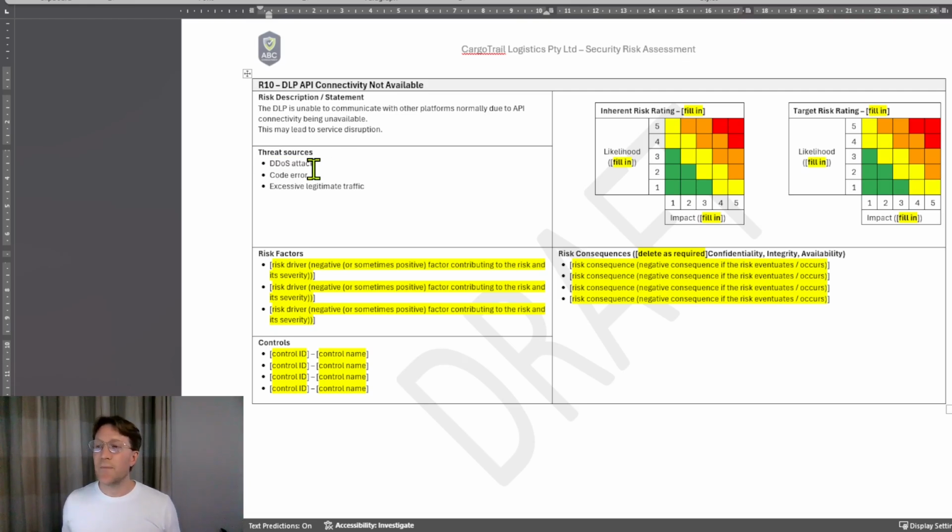For threat sources, similar to the previous risk where we talk about a distributed denial of service attack, connectivity may not be available for legitimate traffic because we have a huge amount of traffic from someone who's trying to block our system from working. So that could be one reason we don't have API connectivity. We also could have an error in our system.